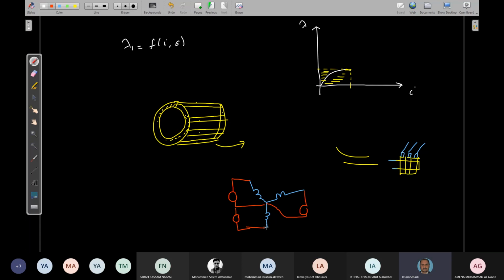If you are connecting an external resistance, those terminals you can access them, which means that here you can connect external resistance. Good?